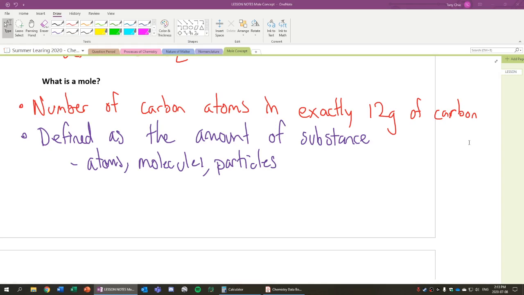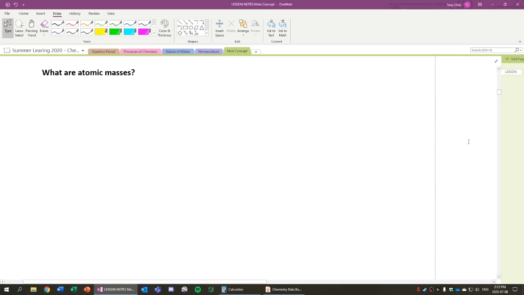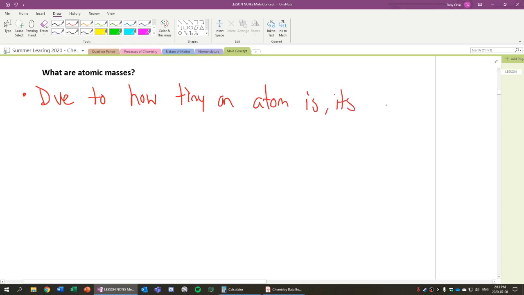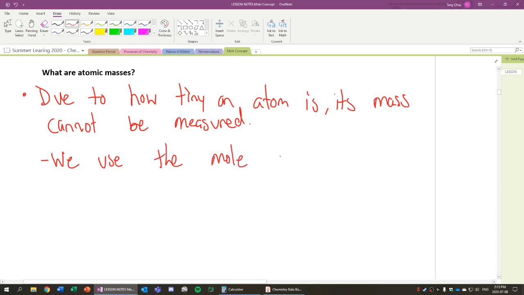We're going to finish up this lesson with talking about what atomic masses are. Atomic masses are masses of each atom. But due to how tiny an atom is, its mass cannot be measured. So what do we do? We use the mole to explain.